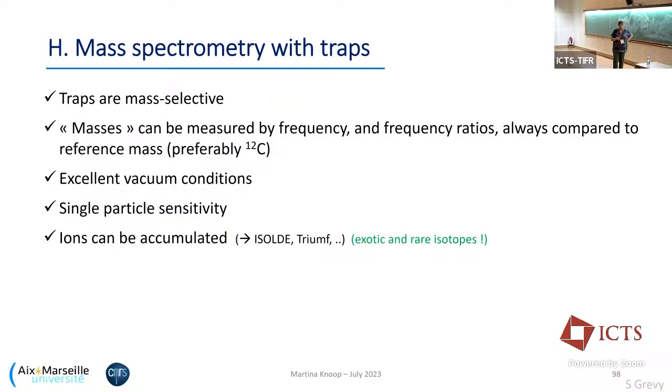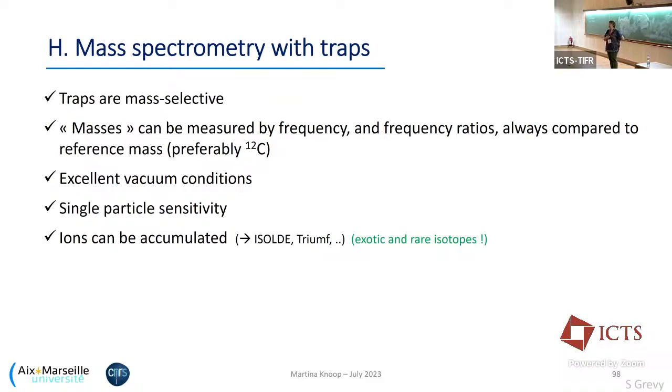Also what we can do in these traps, ions can be accumulated, and that's in particular interesting for the experiments where we have very rare or exotic ions. This is why these mass spectrometers are used at some of the machines like ISOLDE, which is a facility at CERN which produces different isotopes of different radionuclides, or TRIUMF.